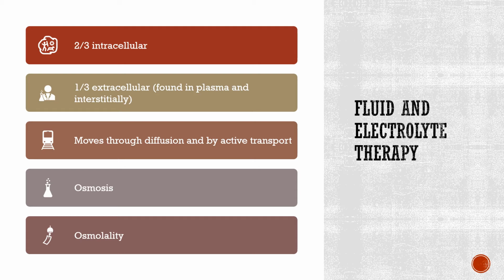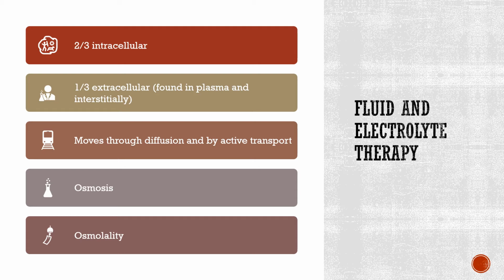And some other terms that I want you to be familiar with, if you go back to anatomy and physiology, would be osmosis. Osmosis is, remember, where water moves from a lower solute concentration to a higher solute concentration, which is what happens from the vascular space.